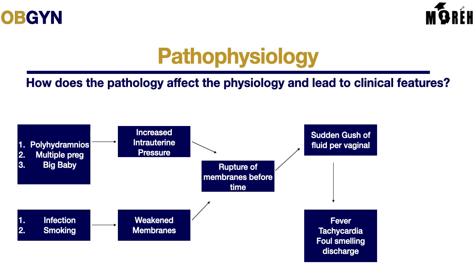So what would be our telltale sign that the membranes have ruptured? There's going to be a history of a gush of fluid from the vagina. It's not just trickling down, it's water breaking. The patient will present with a history of having had a gush of fluid, whether at home or in their sleep or at any time.